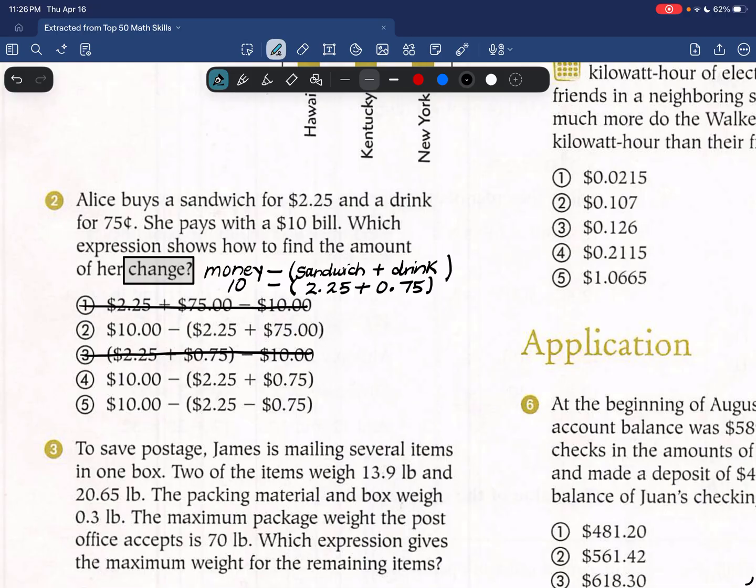I can eliminate number 2 because the drink did not cost $75. So it has to be number 4. And it is number 4 because I need that addition sign. I need to add the sandwich and the drink and then take away from $10.